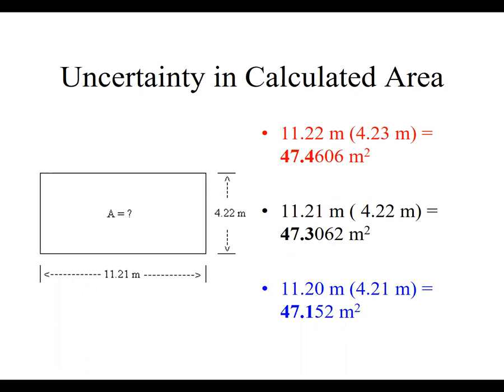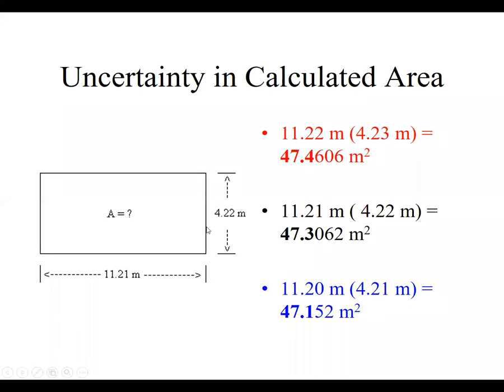You see, this number, this area, is not measured, it's calculated. You didn't get that area by going onto the land with some kind of instrument called an areanometer, and say, well, let me pull out my areanometer and measure the area. But rather, it's calculated. You may have used a meter stick to measure the lengths, but you didn't measure the area, you calculated it. So the uncertainty in area does not come from a direct measurement of area.